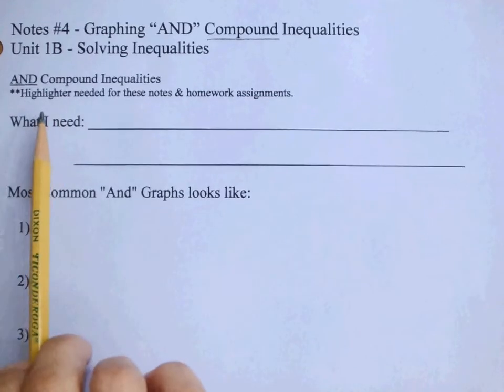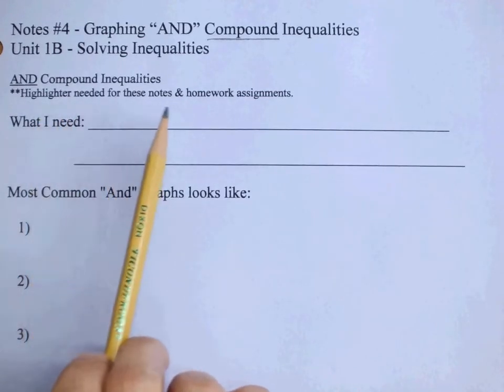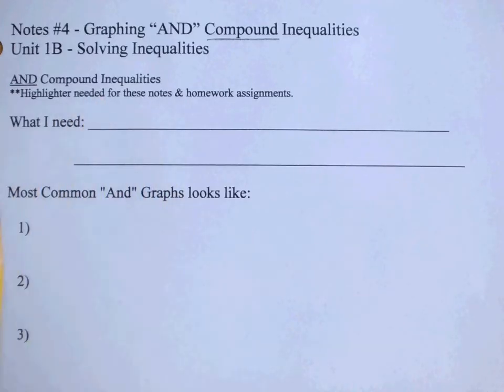So right off the bat, if you could read the notes, it says highlighter needed for these notes and homework assignments. So for the compound inequalities, you definitely need to be using your highlighter.